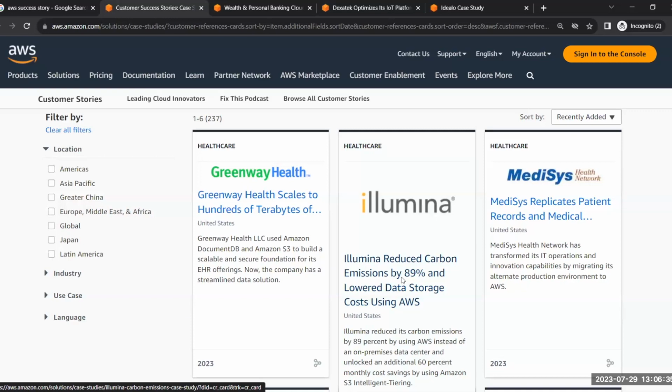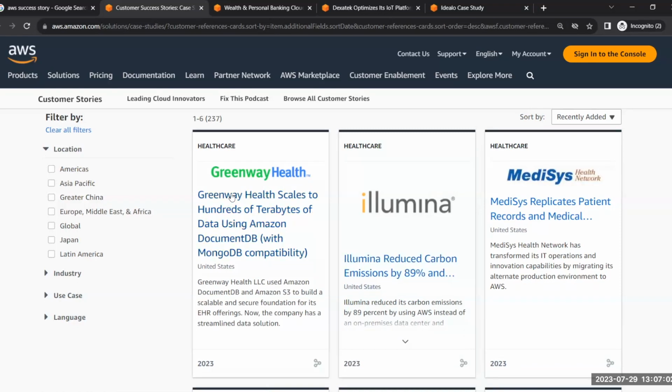If you talk about a government healthcare domain, which does everything from A to Z, there is treatment for cancer, treatment for viral diseases, and so on. There are so many patients and so many use cases when we talk about healthcare. So what you can do is look at Greenway Healthcare.